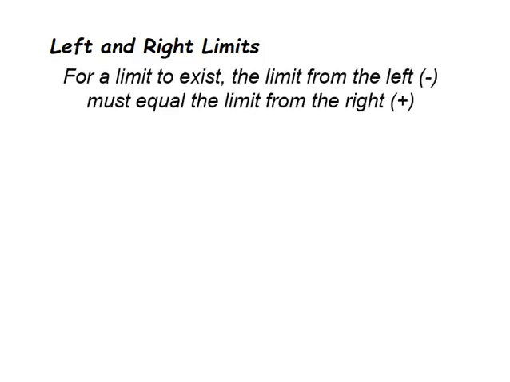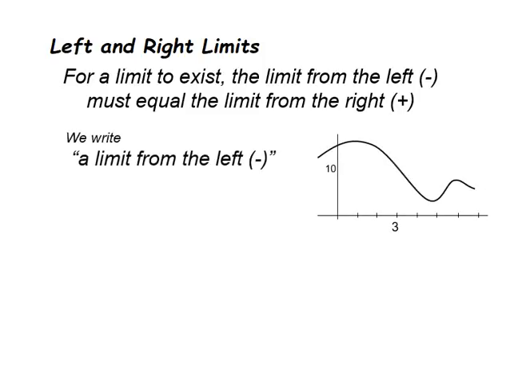Left and right limits. For a limit to exist, the limit from the left must equal the limit from the right. We write a limit from the left, from the negative side, like this.